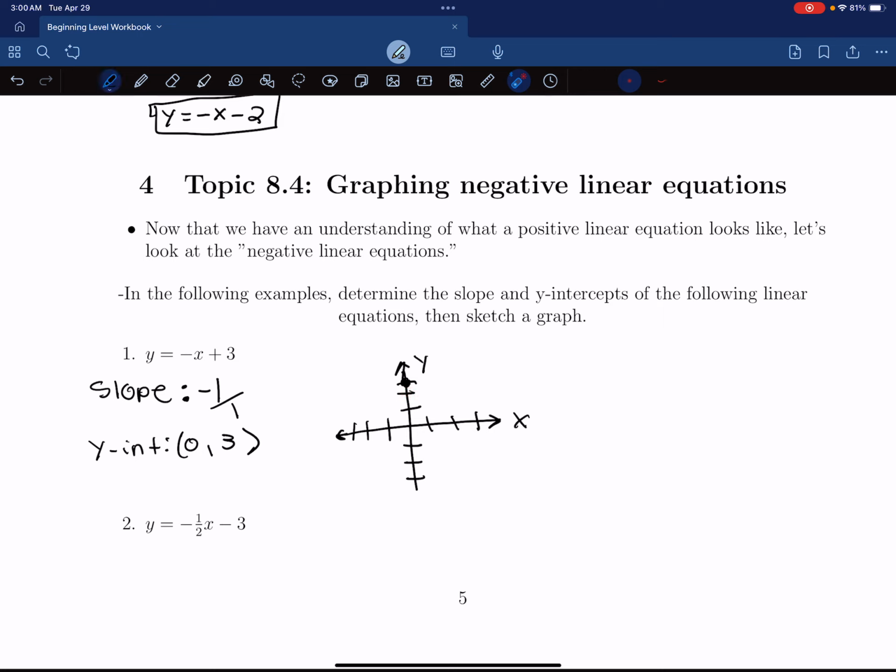I'm going to draw it out like this. This is a point. We're going to go down 1, right 1, down 1, right 1, and then we can do another point here. We're going to go left 1, or we can go up 1, left 1. And then this is what our line will look like.